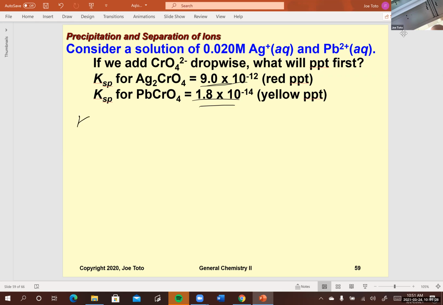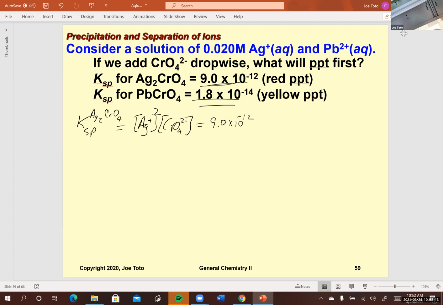Like the KSP of the silver chromate equals the concentration of silver times the concentration of chromate. What am I missing? If you don't know what I'm missing, then you need to do the ICE table. I'm missing a stoichiometric coefficient that goes up here over the silver. So that's defined, and I know its value because it told me: 9.0 times 10 to the minus 12th.